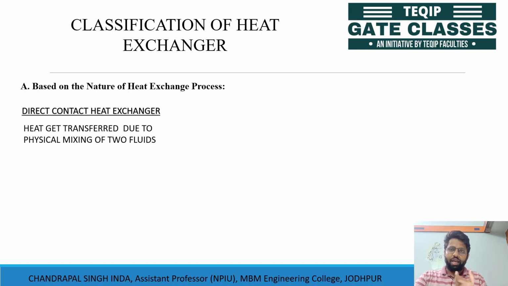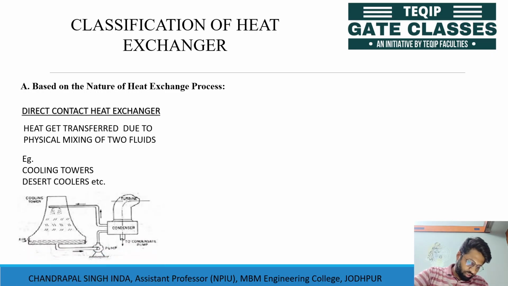An example of this type of heat exchanger is the cooling tower, and we can say a desert cooler also. This is a figure of the cooling tower. So let's understand how the heat gets transferred between the two fluids.